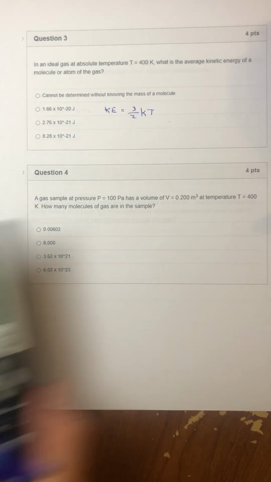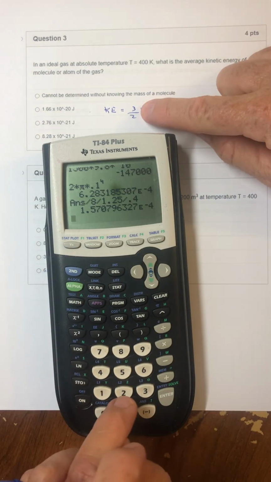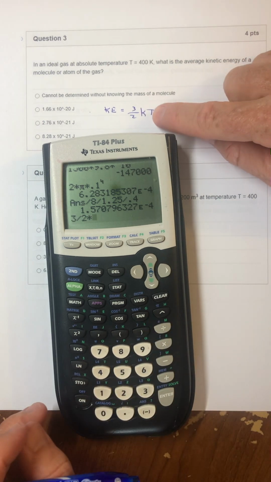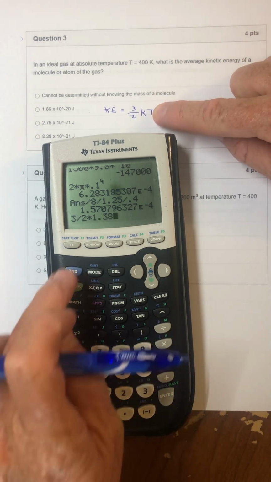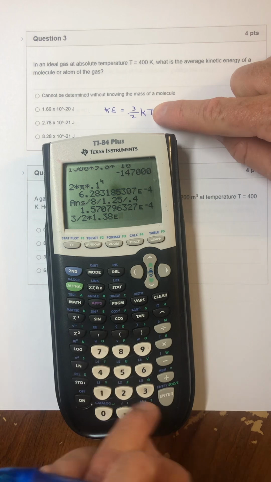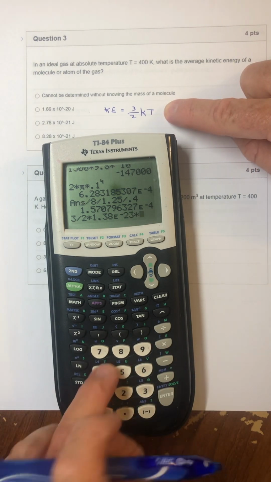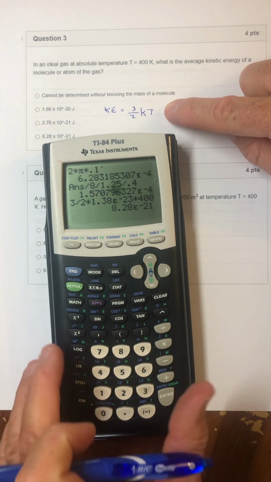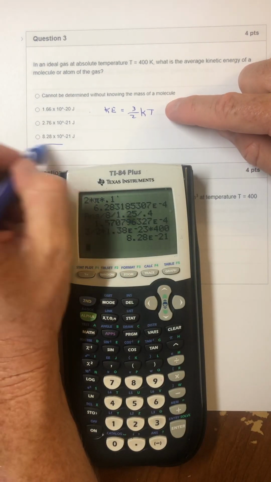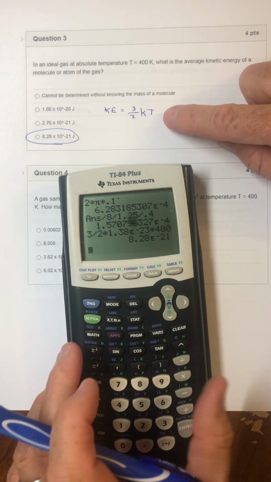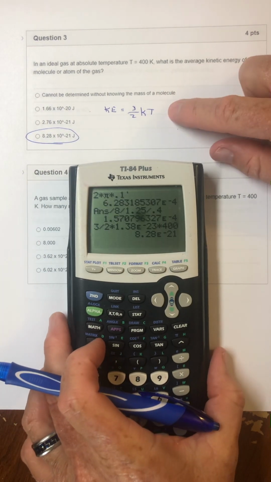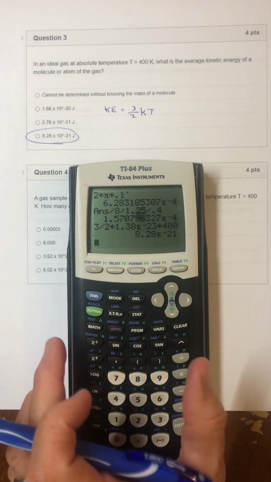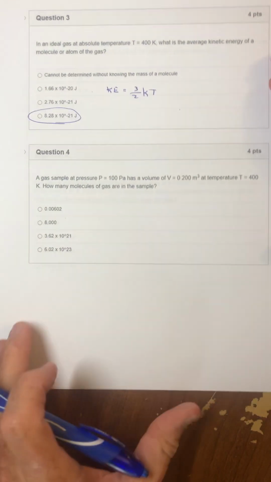And so I'll just kind of plug those in. 3 divided by 2 times Boltzmann's constant, which is 1.38 times 10 to the negative 23rd. And then 400 gives me 8.82 times 10 to the negative 21 joules of energy. So that would be D for number 3.